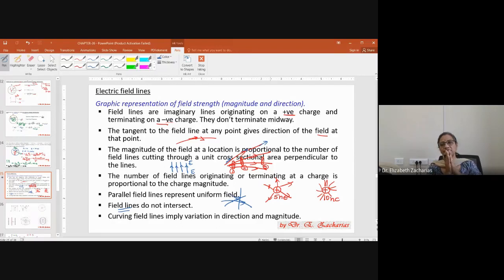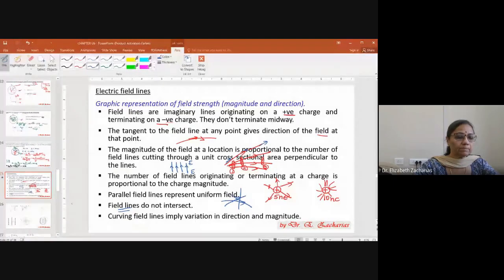So you're not having uniform field, you're having field which is not uniform and which is also changing direction. Whereas when you're talking about this uniform field, these parallel lines mean the value is the same and the direction is also the same. So these are some points that you have to remember whenever you are using field line distribution.